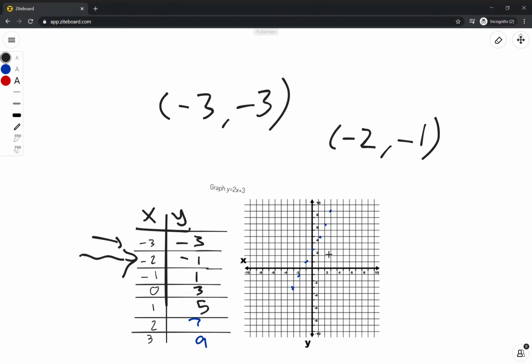Now let's create a line to connect these points. Can we create a line here? Please excuse my artwork. Is this accurate? It's not too accurate, but what we can do is just shift the line using this.